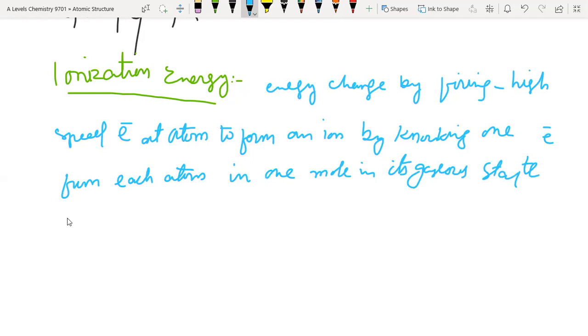It is called ionization energy, or first ionization energy.